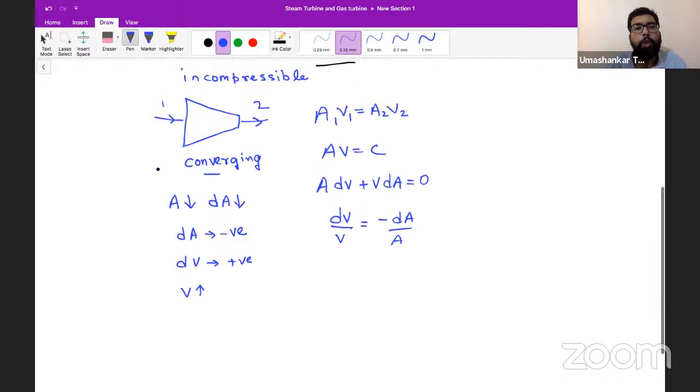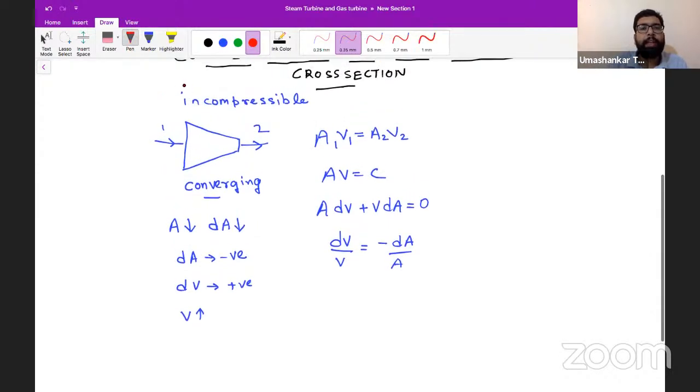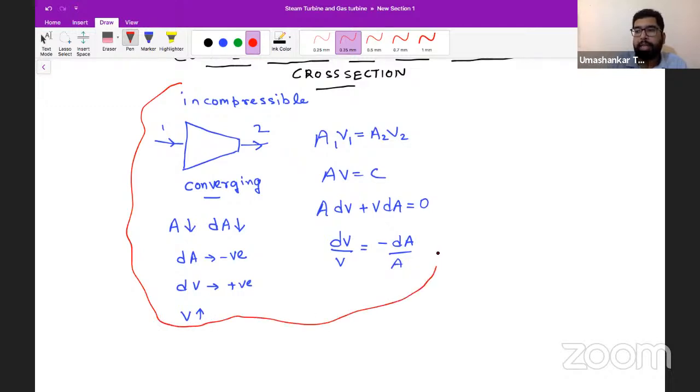So I think you already know all this. This is a very usual saying that if area is decreasing, our pressure decreases, and our velocity increases. So how the area is related with the velocity, we can have the idea from this equation.